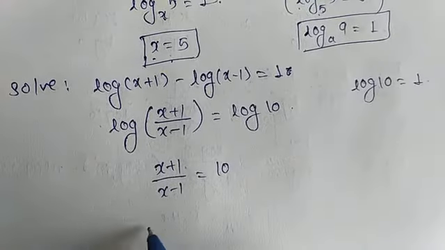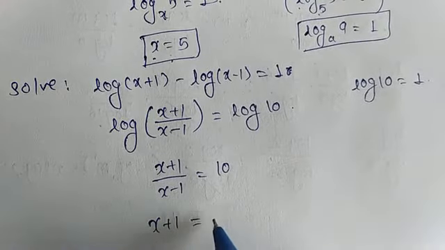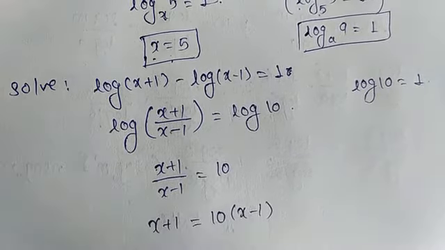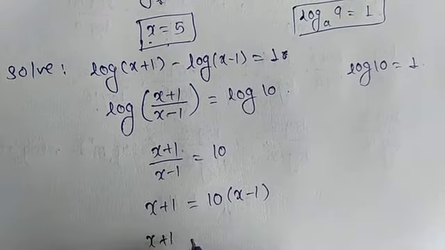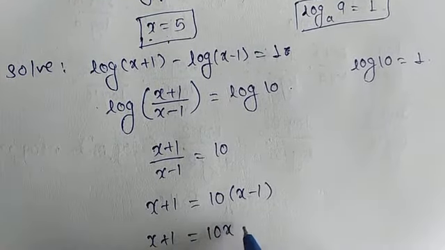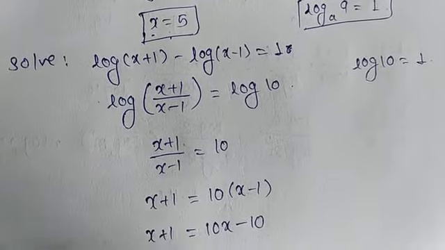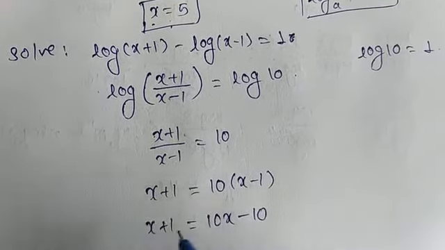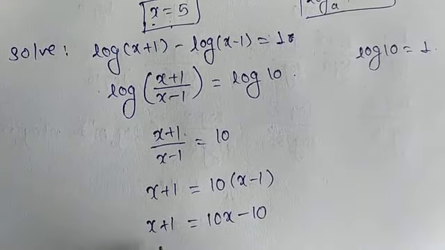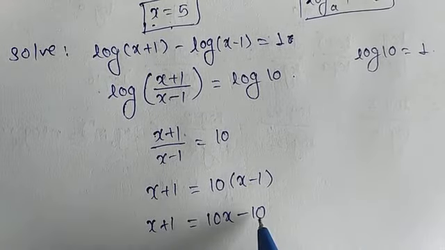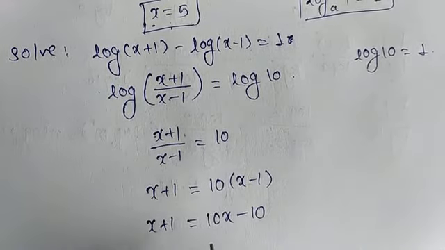Okay, so x plus 1 is equal to 10 into bracket x minus 1. So x plus 1 is equal to 10x minus 10. Okay, so we have multiplied. So take x terms and constants on one side.